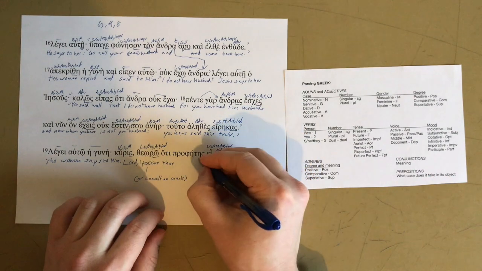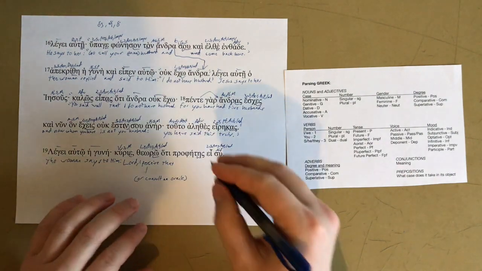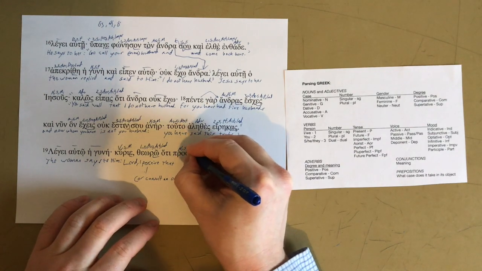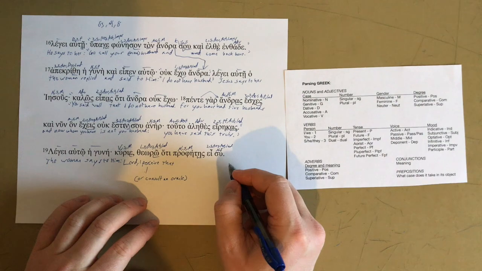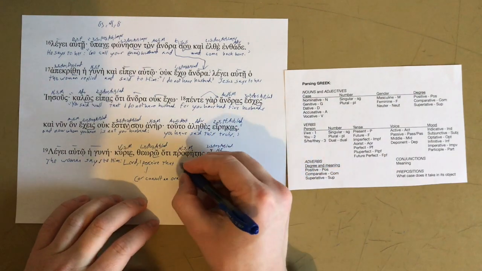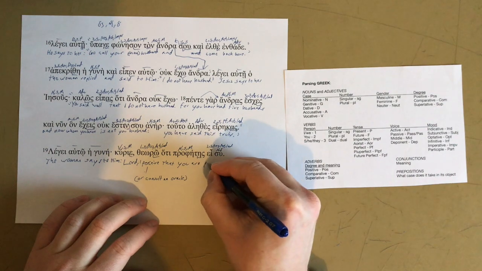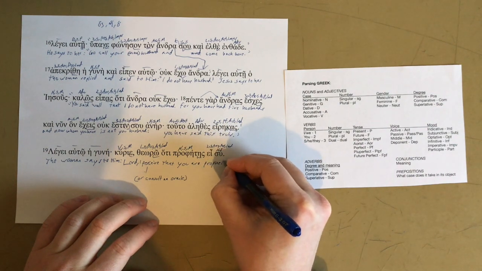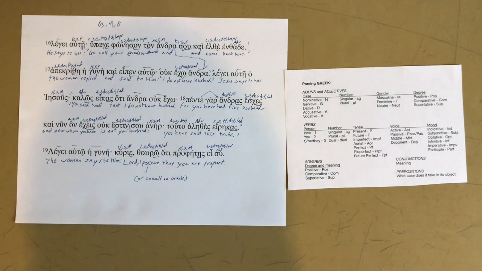And then prophetes is one of our small number of masculine first declension nouns, prophetes, prophetu, prophete, prophetain, and so forth. This is nominative singular masculine, that prophet you are. But in English we would say you are prophet. Period. And then we don't know if her text ends there, so I'm going to leave it at that.